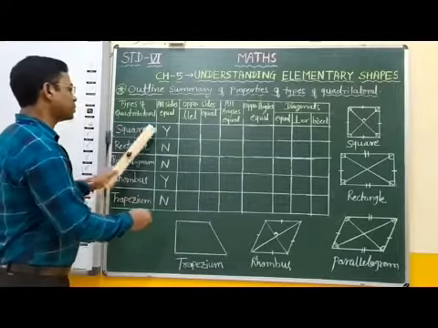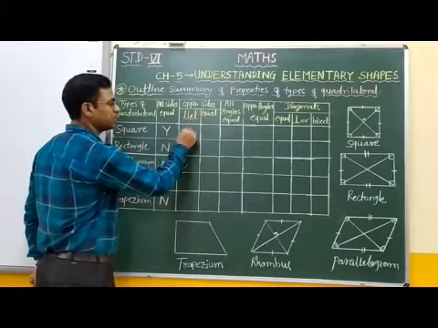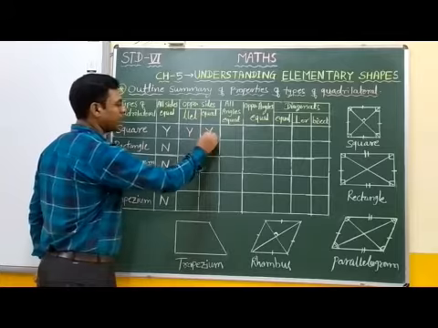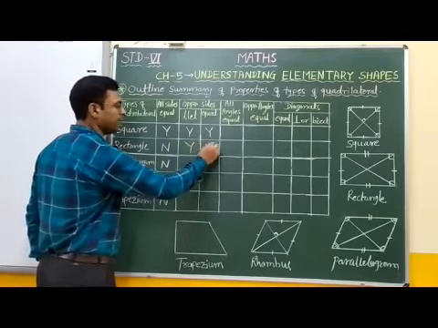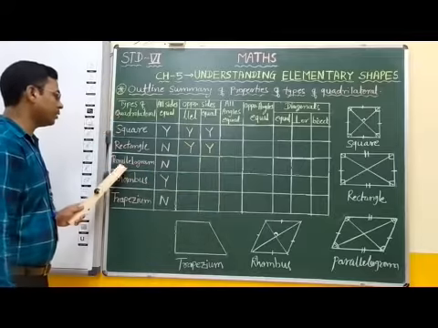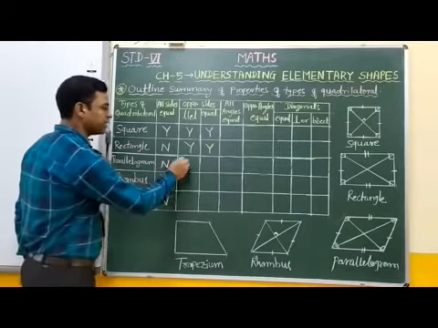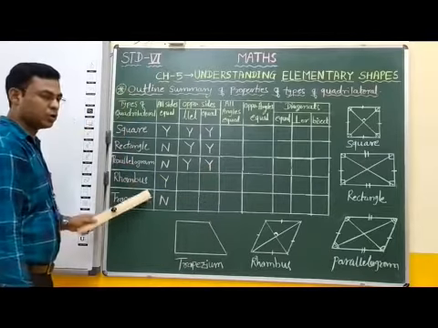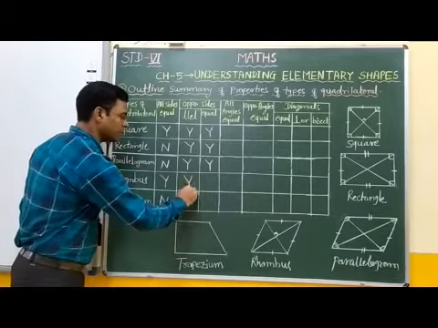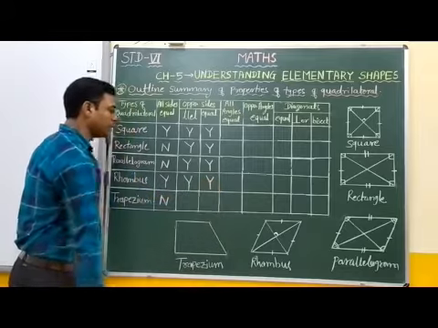Therefore, in square opposite sides are parallel and equal, in rectangle opposite sides are parallel and equal, in parallelogram opposite sides are parallel and equal, in rhombus opposite sides are parallel and equal.